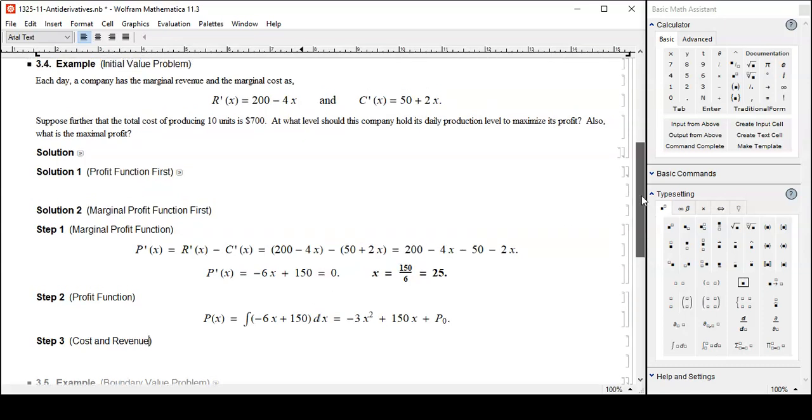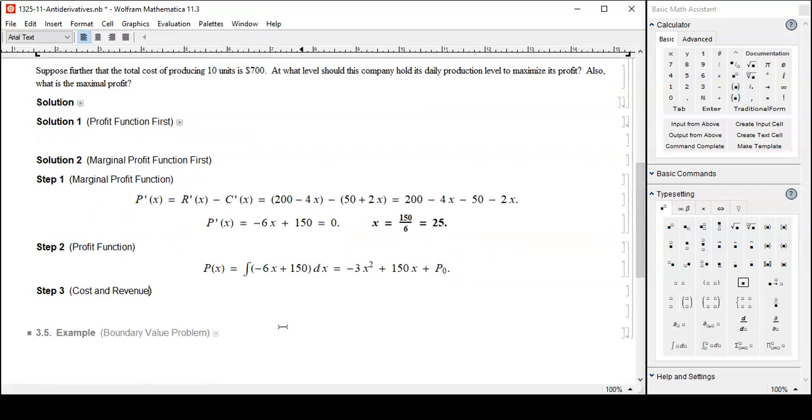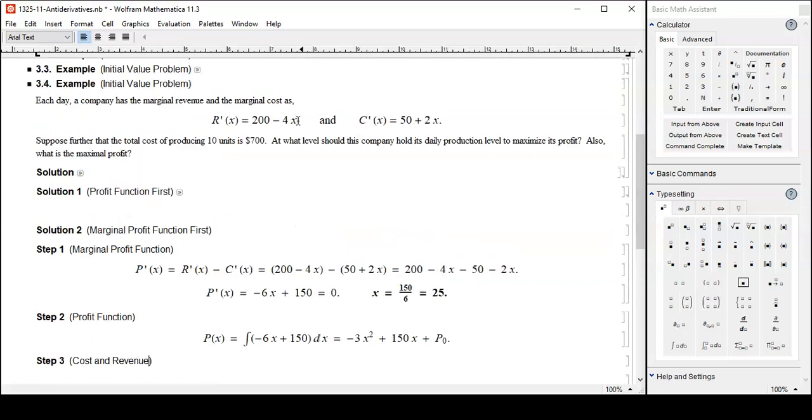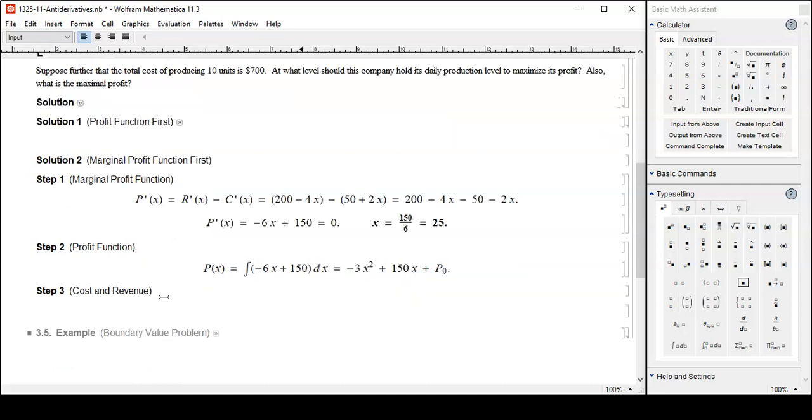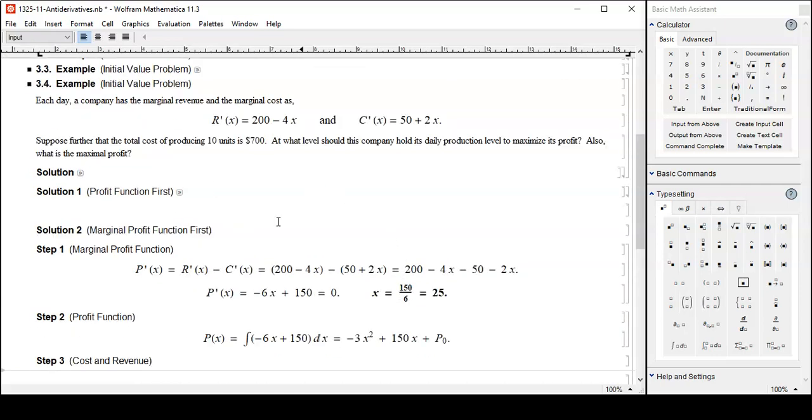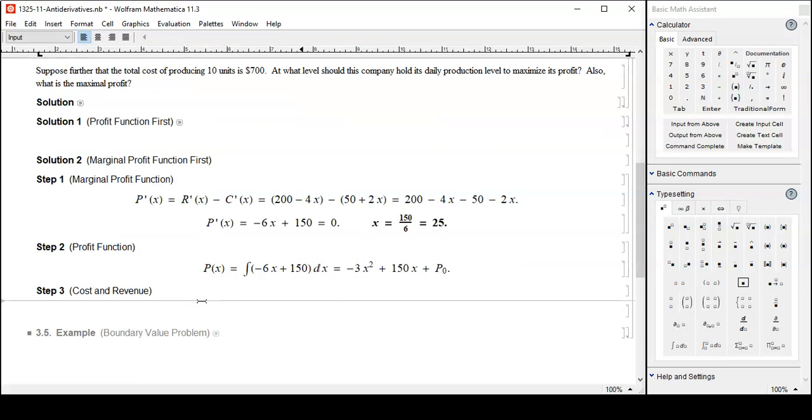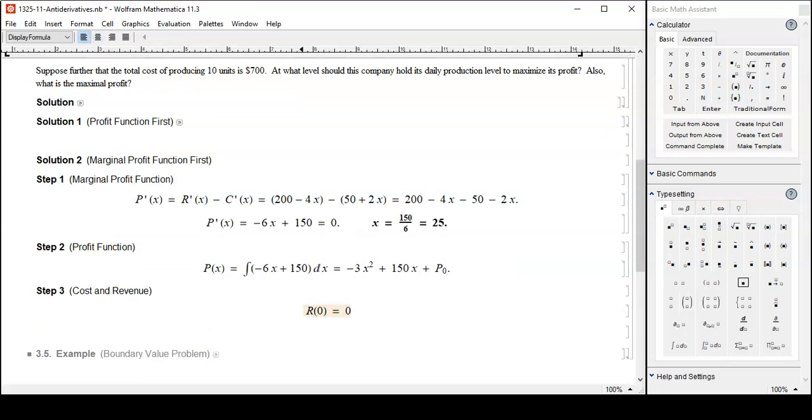Well, what choice do we have? Find out cost and revenue. Let's see. There's no question about that. If you produce 0 units, then revenue is 0.